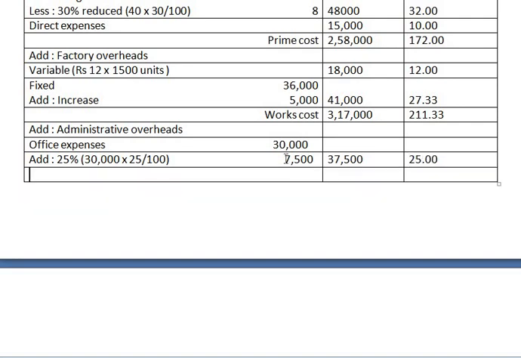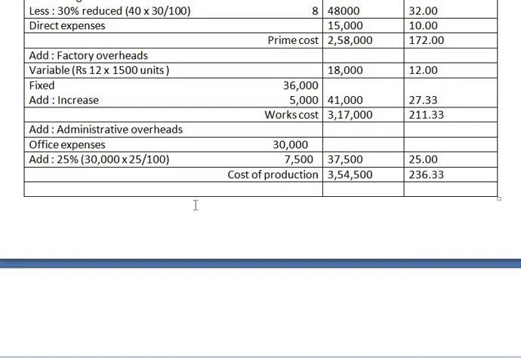Make a total. This total is the cost of production. Now make the total of this, so that is 3,54,500, and this is 236.33.